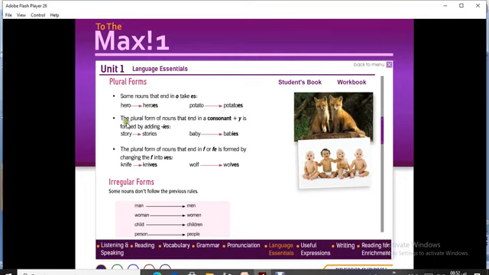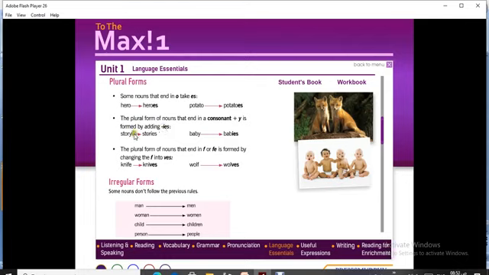Rule number 5: the plural form of nouns that end with a consonant before the Y is formed by adding IES.